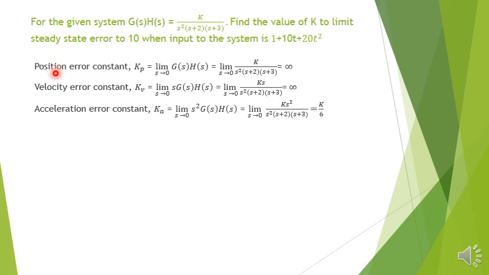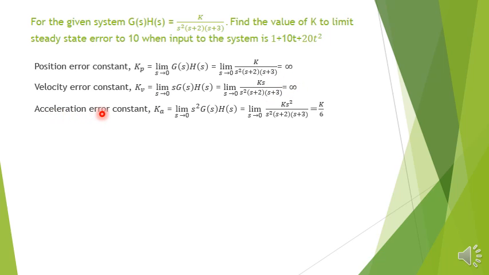So first find out the position error constant expression. Kp is equal to limit as s tends to 0 of G(s)H(s). By substituting this, we get infinity. The velocity error constant Kv is equal to limit as s tends to 0 of s G(s)H(s). So one s gets cancelled, but still one s remains in the denominator, so if I apply the limit s equal to 0, I get infinity.